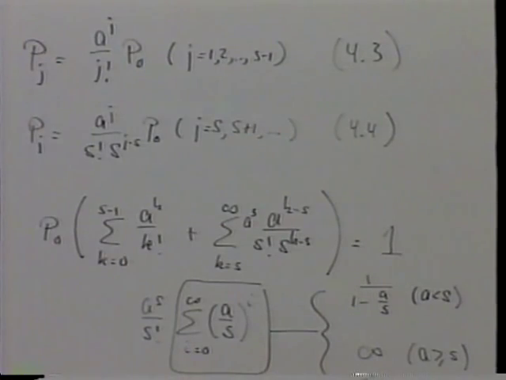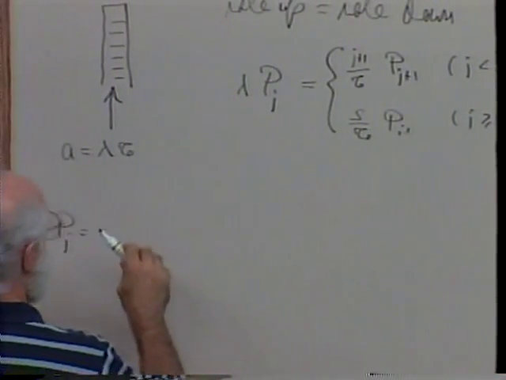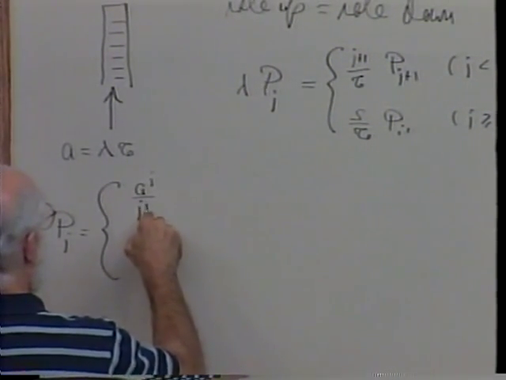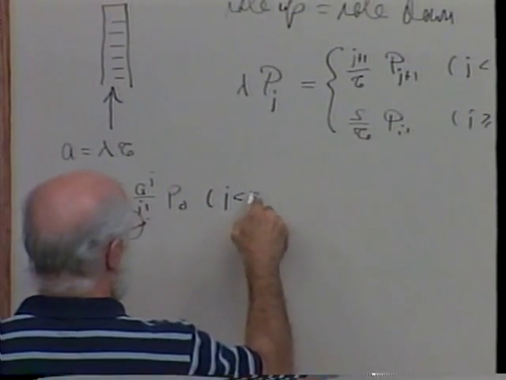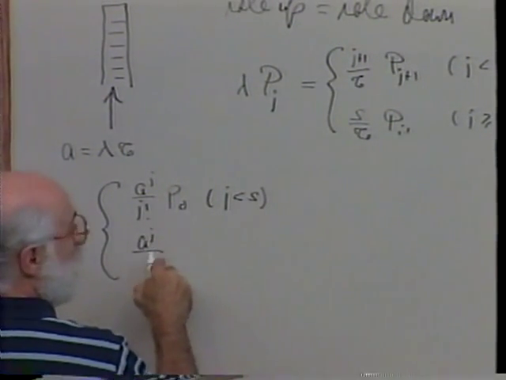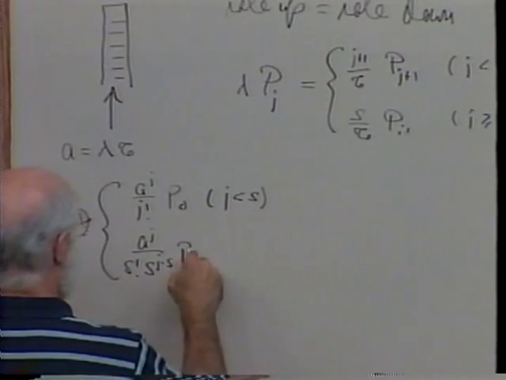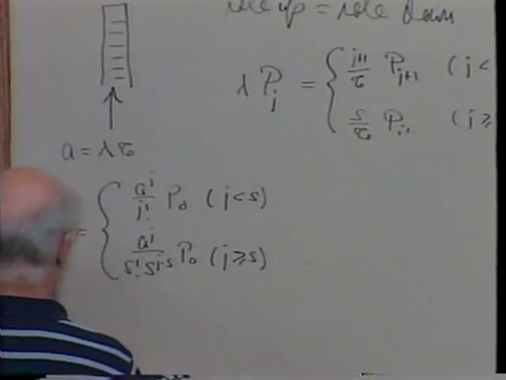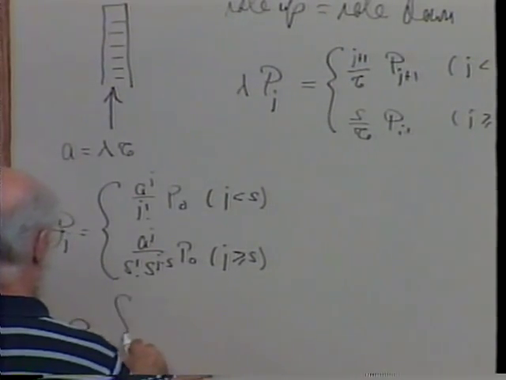What I have is that Pj is equal to a to the j over j factorial P0 if j is less than s, and it's equal to a to the j over s factorial s to the j minus s P0 if j is greater than or equal to s, and P0 is equal to two forms.